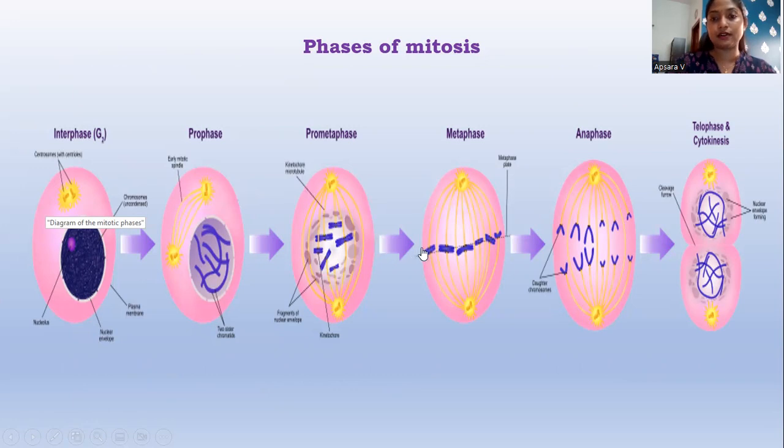In metaphase, they all arrange near the equatorial plate, and in the anaphase, the sister chromatids are pulled to the opposite poles, and in telophase, the sister chromatids are separated, and in cytokinesis, the cell divides, that is, the cytoplasmic content of the cell divides between the two cells.